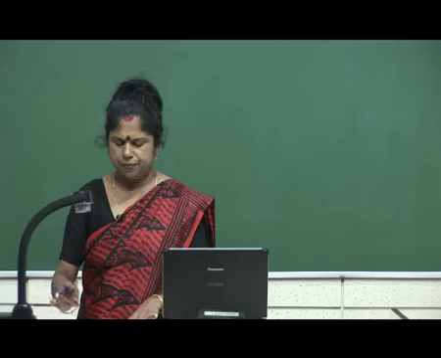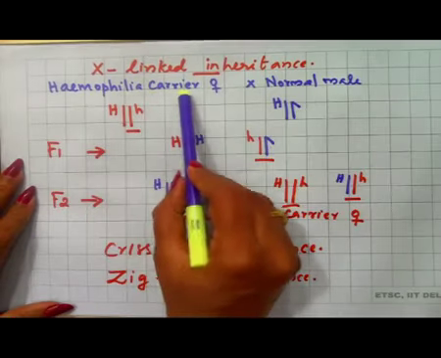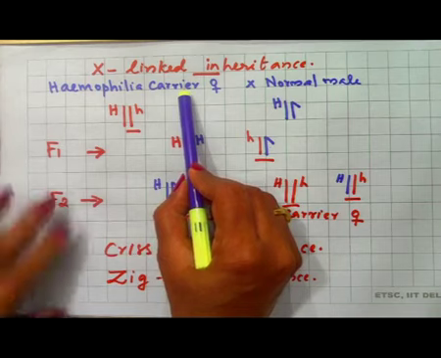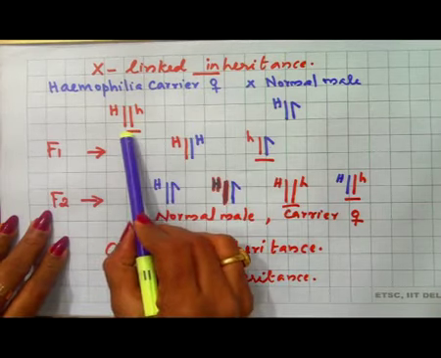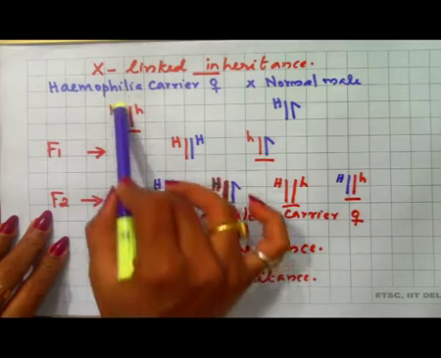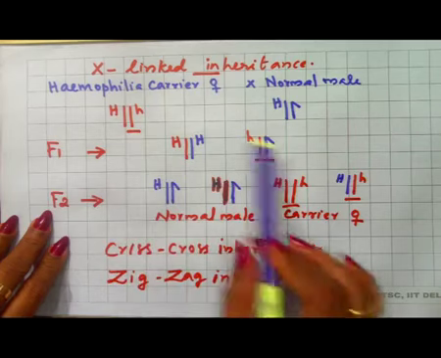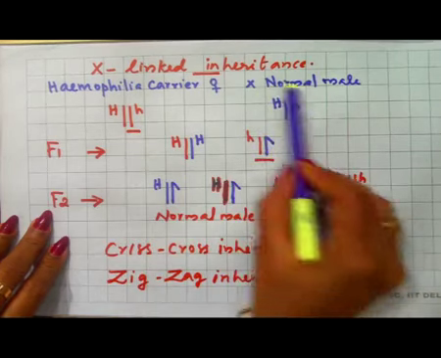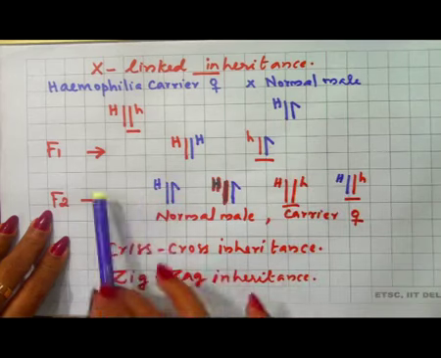Now, you can see the second case, hemophilia carrier female, that is heterozygous, one X chromosome with a normal allele and one with a hemophilic allele. This is a normal male with X and Y chromosome.